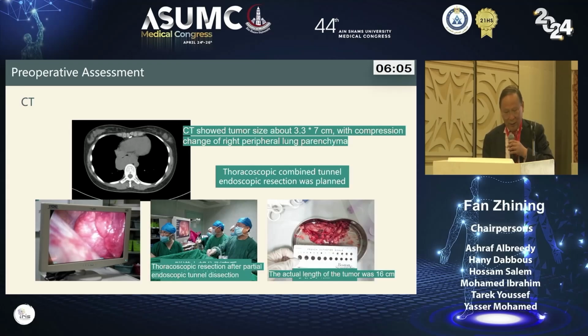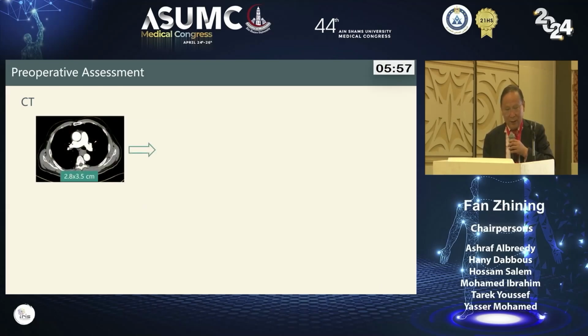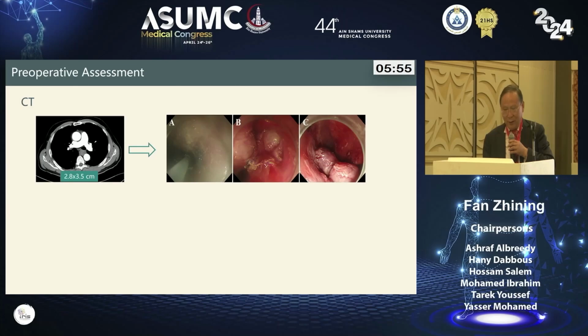This is the tumor, and here is the lung tissue. Next, the patient's tumor is mostly dissected. It's difficult to continue the separation.